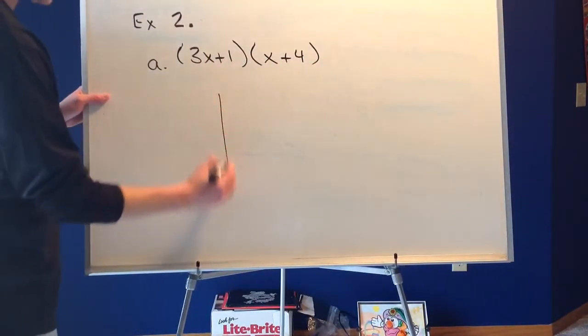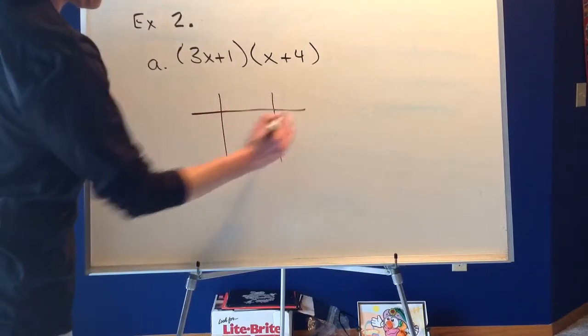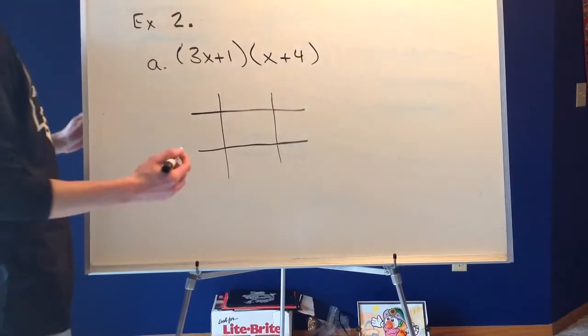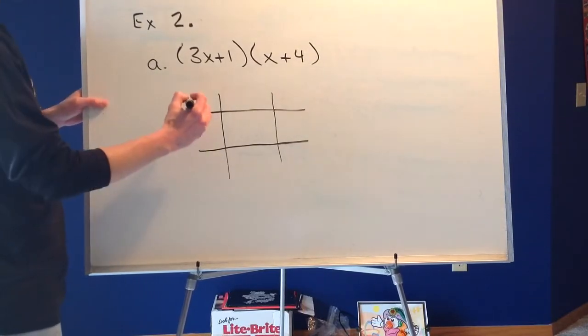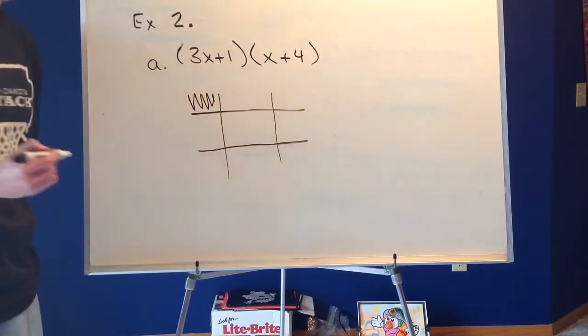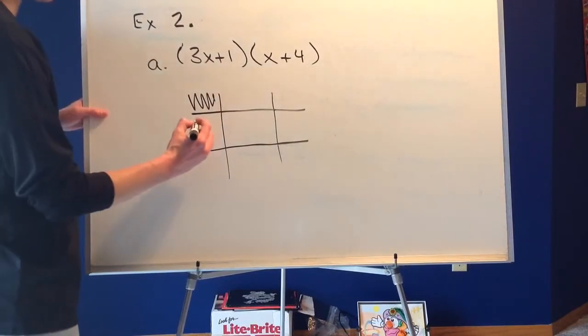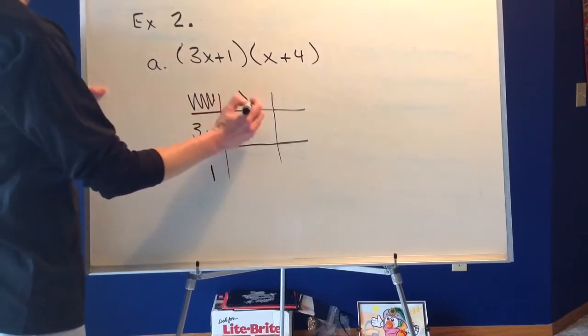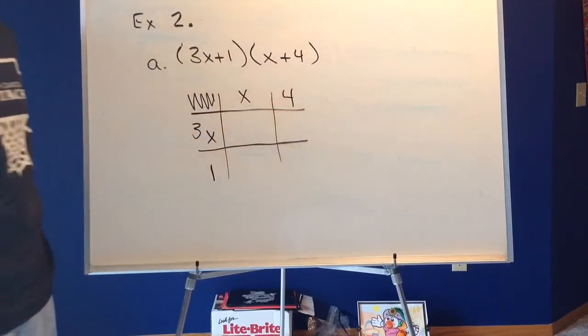Make your tic-tac-toe table here. You're going to take one of the binomials, it doesn't matter which one, and it's going to go down the side. Now you will never put anything in that top left corner, so you can just cross that one off, and then I'd have 3x and 1 for my two terms, and x and 4 for my two terms.